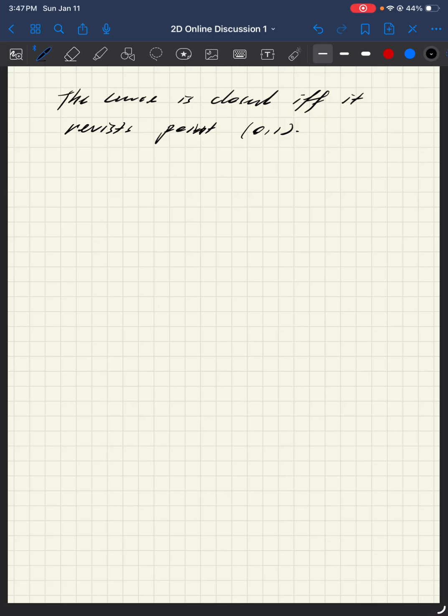And what does it mean for this curve to revisit the point (0, 1)? So if sine of at is 0 and cosine of bt is 1 for some t larger than 0, this exactly means revisit, because I don't want to count the first time that it visits (0, 1).